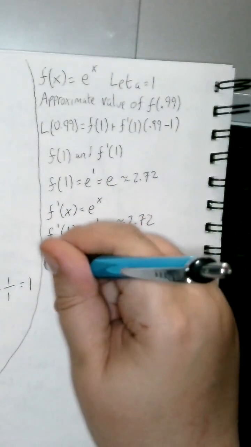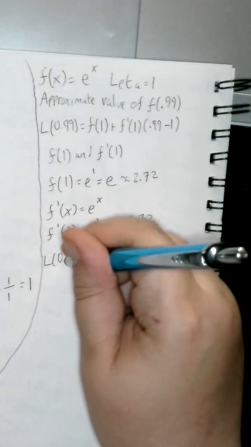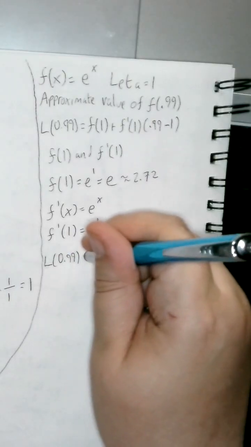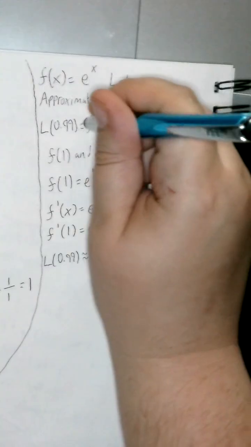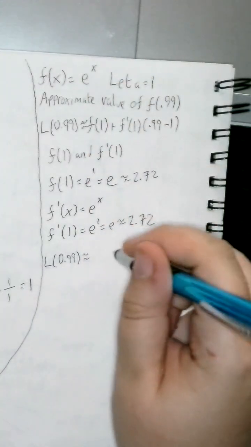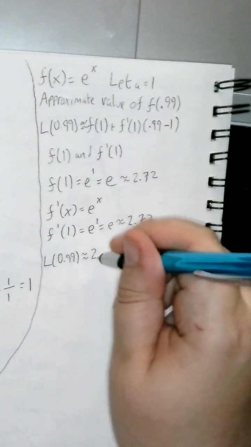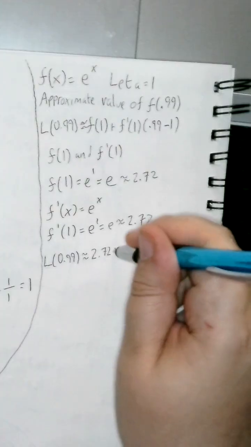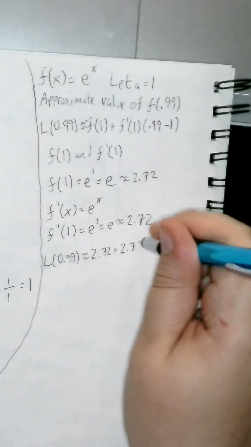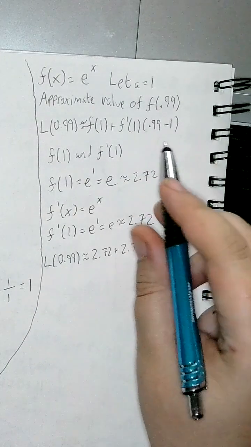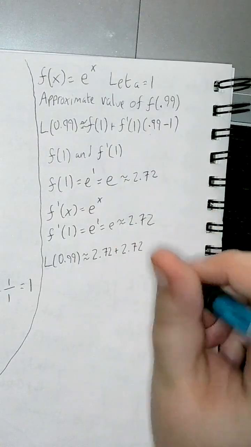The linear approximation at 0.99 is approximately equal to 2.72 plus 2.72 times, what is 0.99 minus 1?